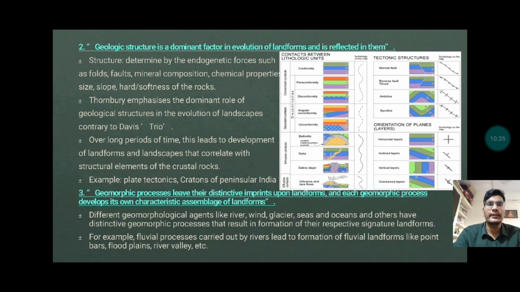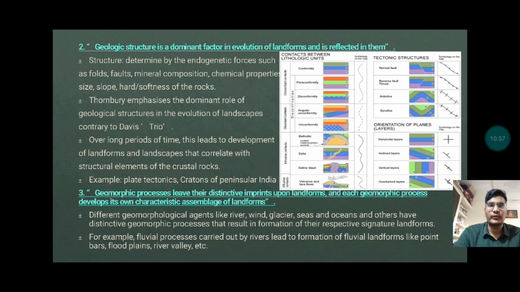The concept of W.M. Davis was that landscapes are the resultant features of stage, processes and structure, whereas Thornbury stated that geological structures are the predominant factors.